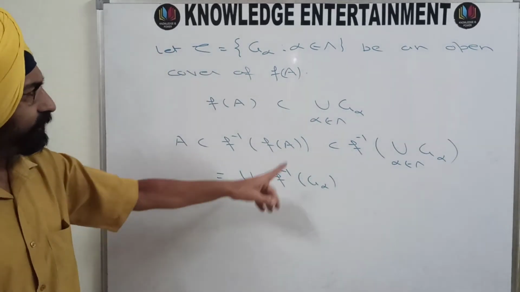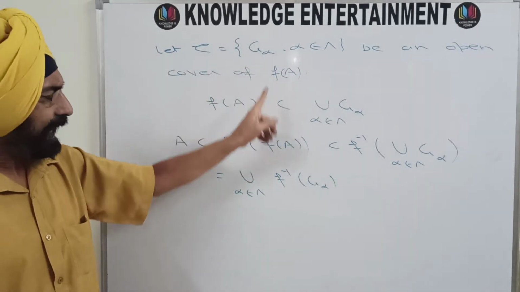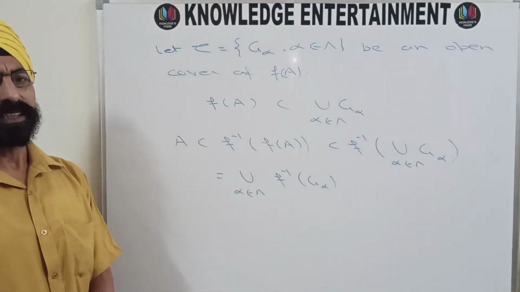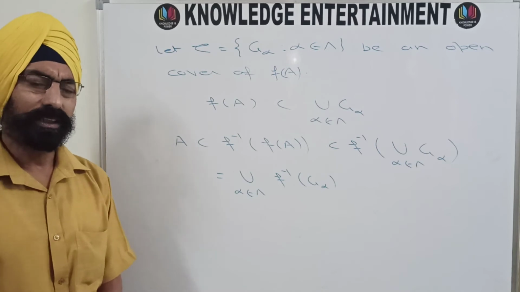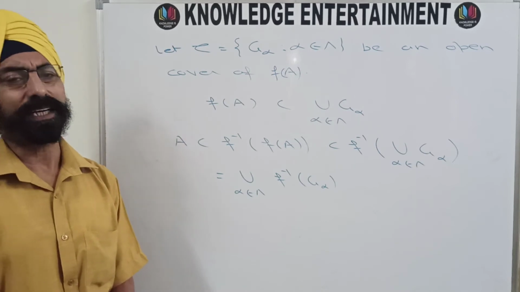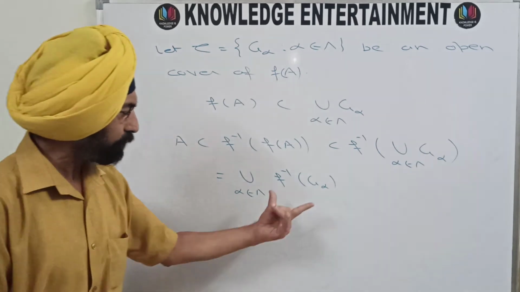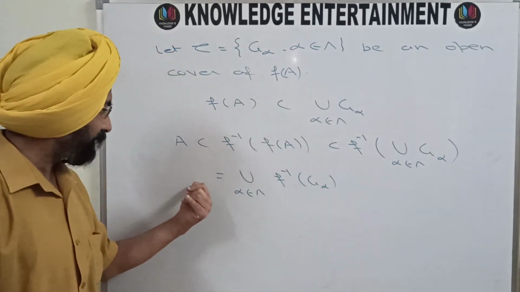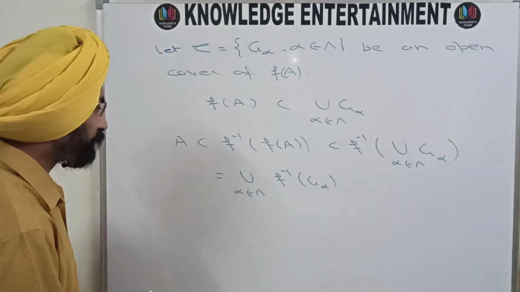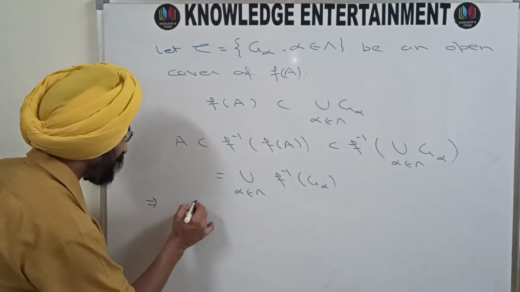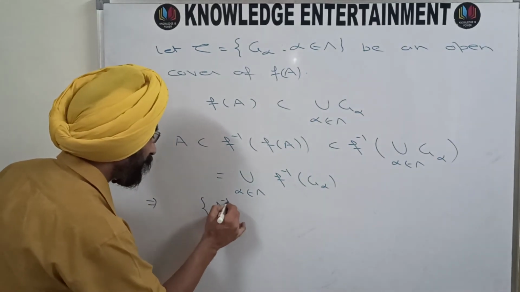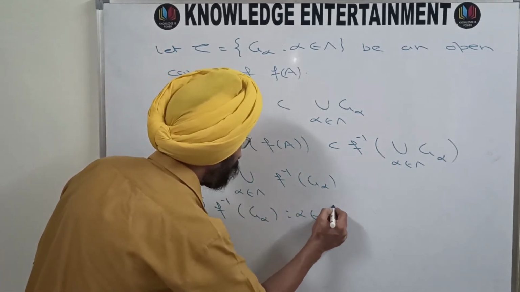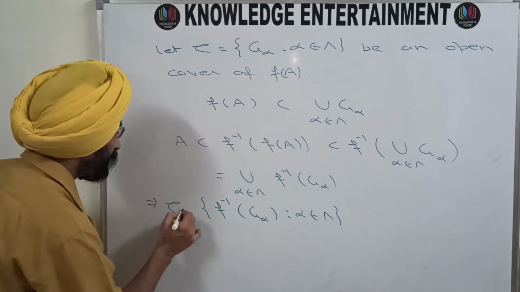Now G alpha was an open set and F is a continuous function, and we know that the inverse image of an open set under a continuous function is also open, so F inverse G alpha is open, and their union is covering A. So this collection F inverse G alpha, alpha belonging to lambda, let it be C star.